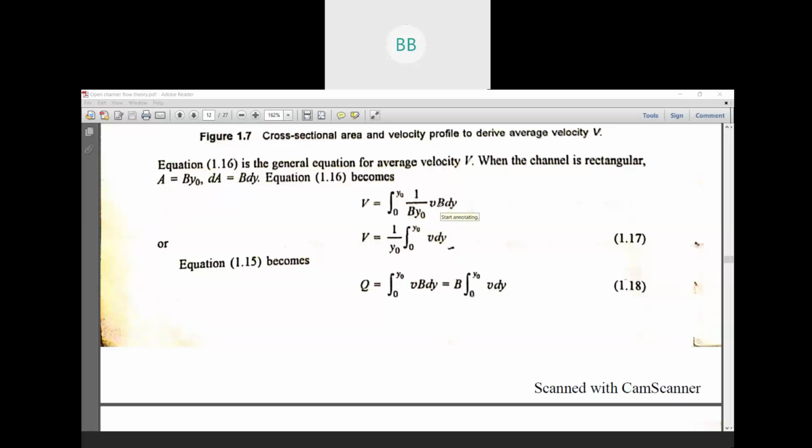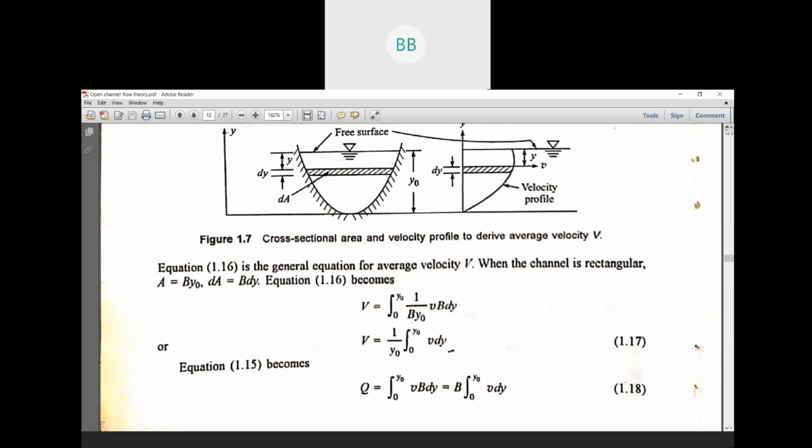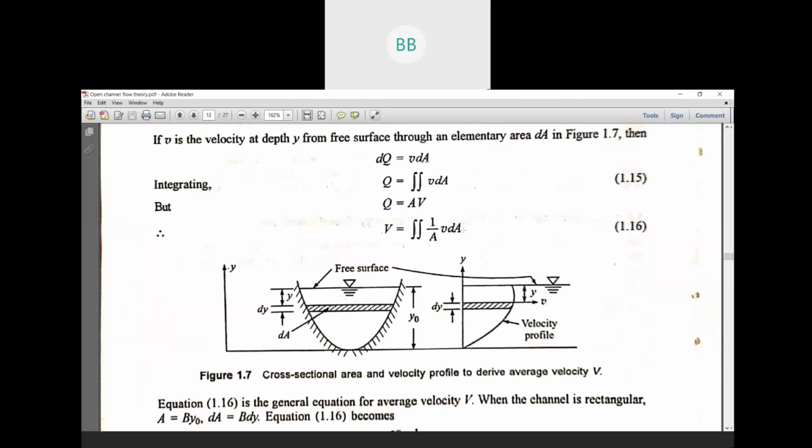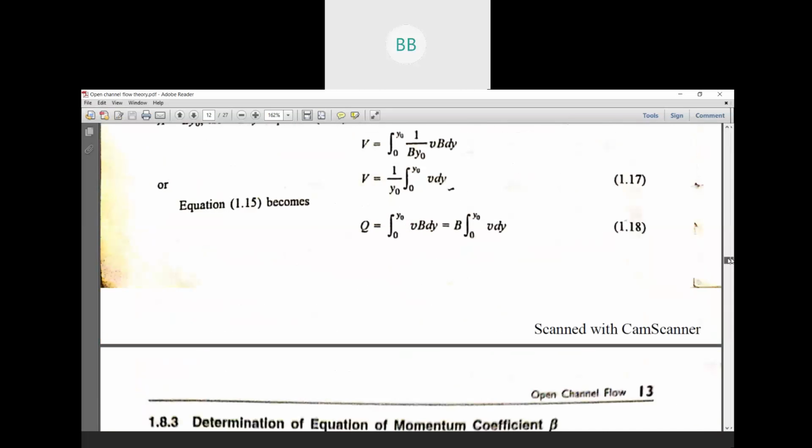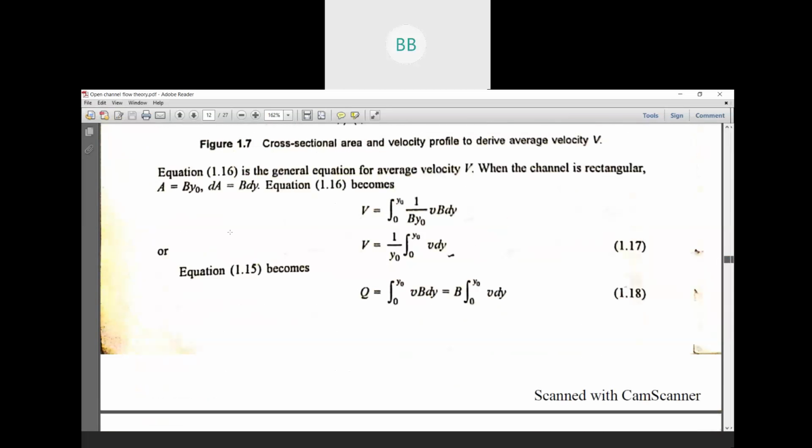Then we have small v, and in place of dA we substitute the area of the selected small area, which is B into dy.